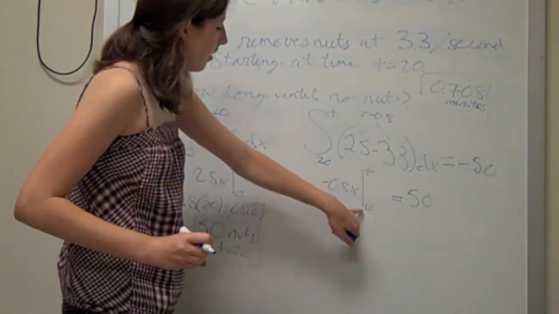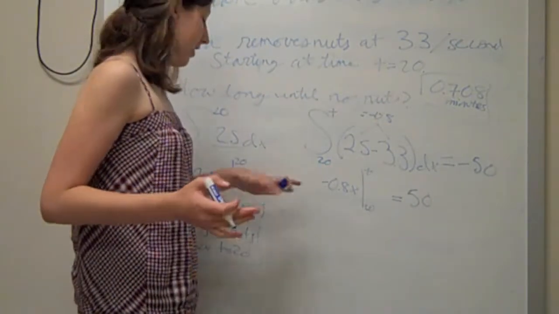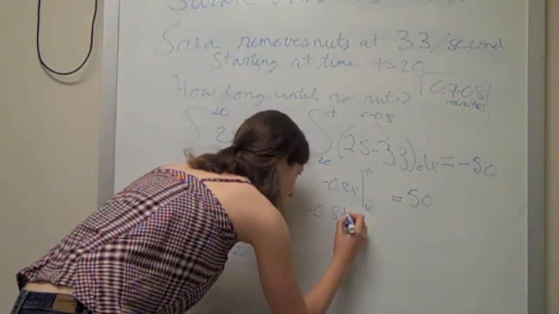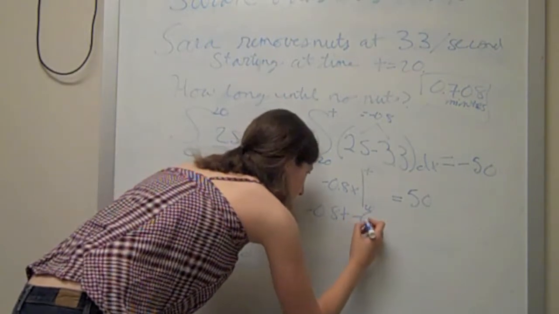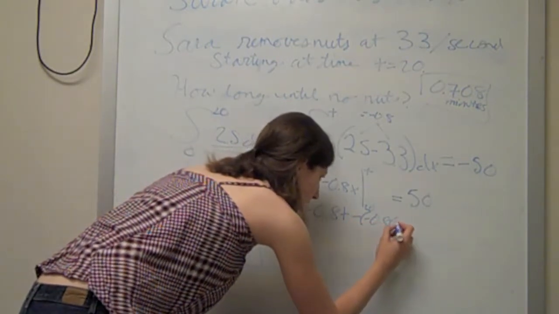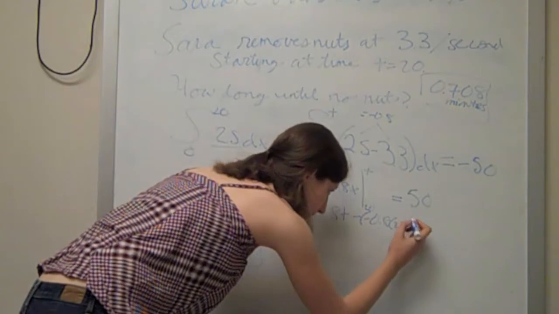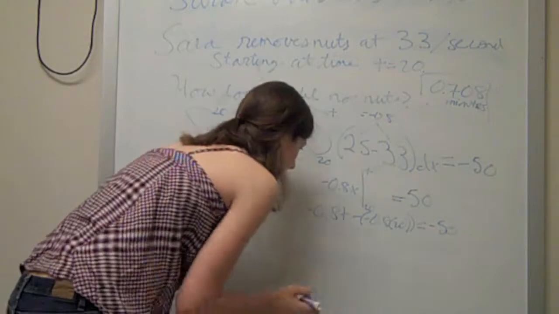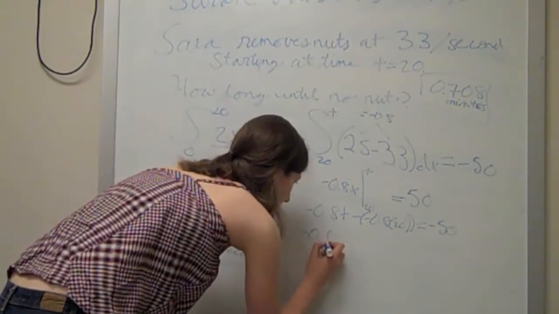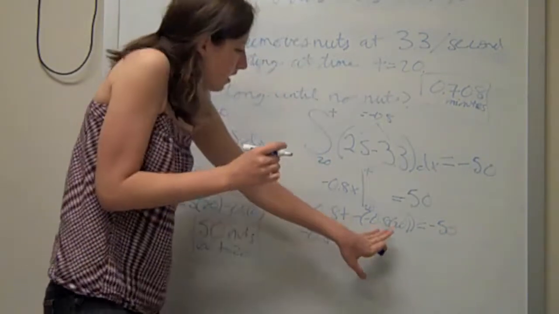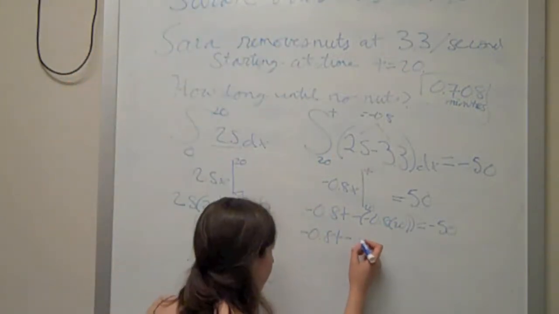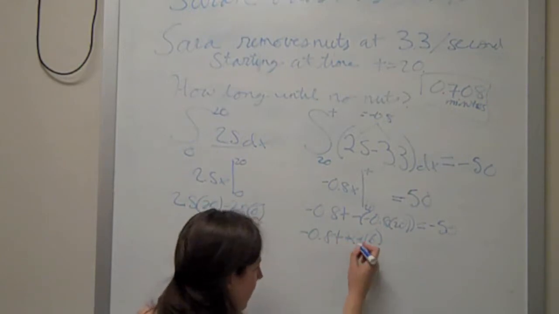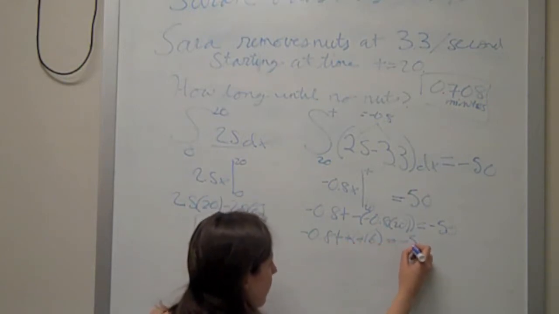Now we're going to plug in our two bounds into this problem, just like we did over here, and that's going to give us negative 0.8t minus negative 0.8 times 20. And that is all still going to equal negative 50. Now, negative 0.8t minus, and this comes out to 16, so minus a negative 16, which is equal to positive 16, of course, is equal to negative 50.